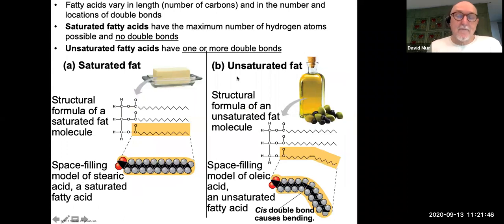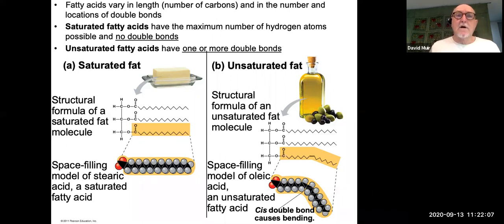Okay, so again, there is this association between structure and function. And the fats are very variable. There are many different kinds of fats which are manufactured by the cell. And there are just 2 that I'm going to point out to you.